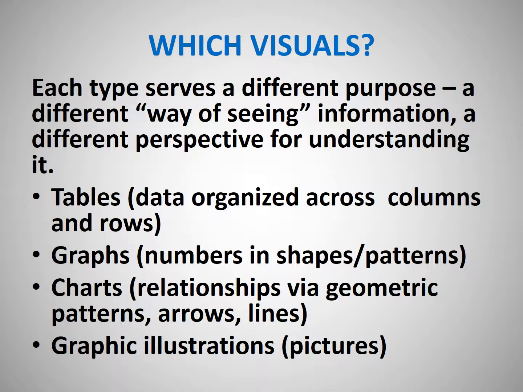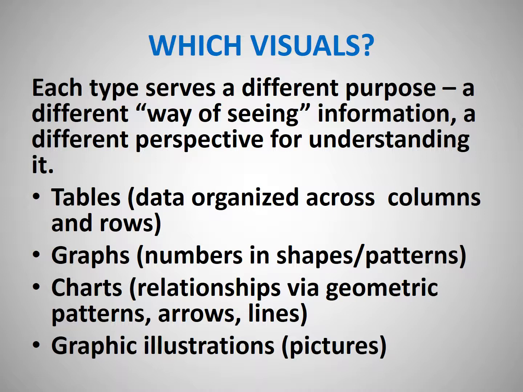And speaking of purposes, you have to be really clear on what kind of information you're trying to convey and what you're trying to accomplish in conveying that information, because every type of visual information serves a different purpose. You're giving people different ways of seeing information, different perspectives from which your reader will be able to understand the information that you're conveying.